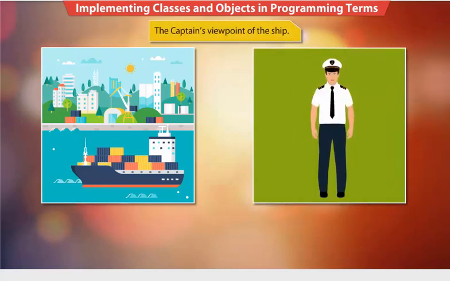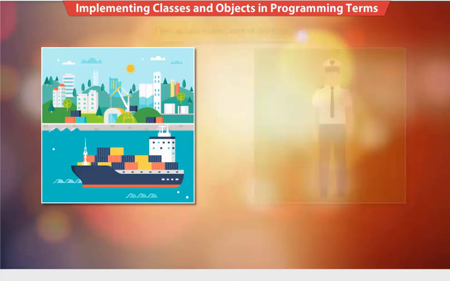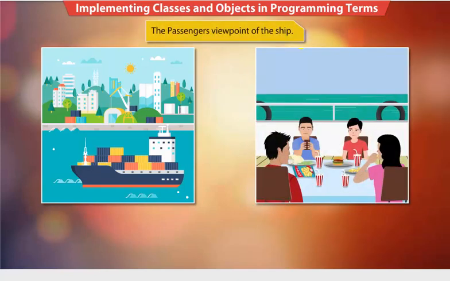Similarly, the captain of the ship who navigates the ship may have a different viewpoint about the same object. That is, he may think in terms of direction of the moving ship and velocity of the ship. The passengers, who are the final beneficiaries, may view the ship in a different way. They may be concerned about the seating arrangements and the food menu.